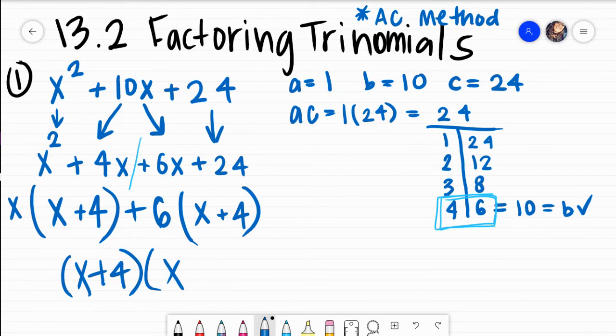And then let's scoot over to this second term. 6 times x plus 4 divided by x plus 4, same thing. The x plus 4s cancel. So the only thing that you have left is just a 6. And y'all, that's a positive 6. Don't forget that sign right there. That's why we brought it down. That's usually about where common mistakes will happen.